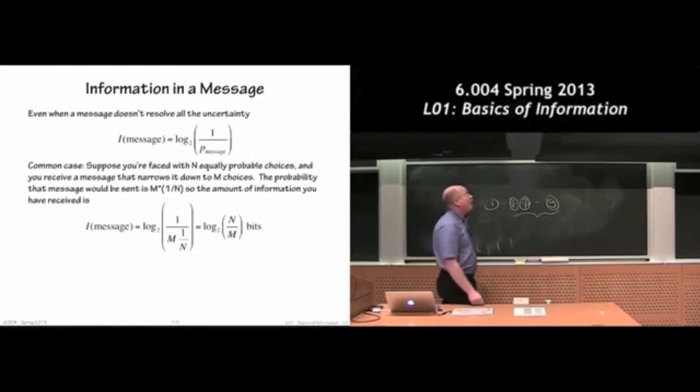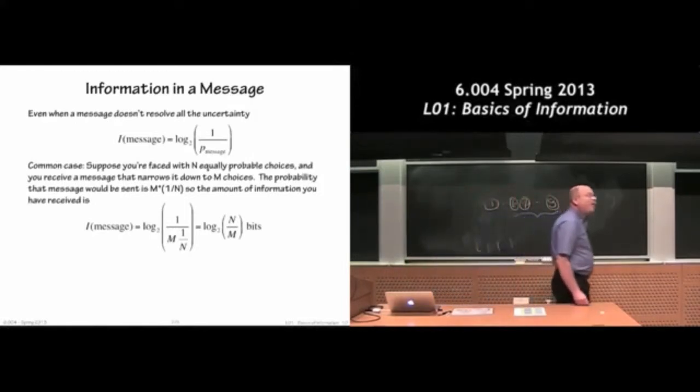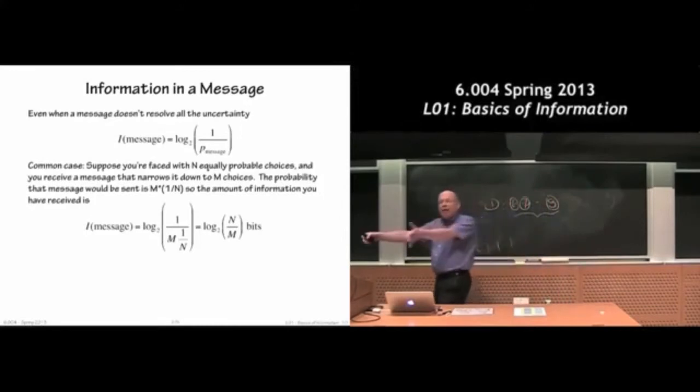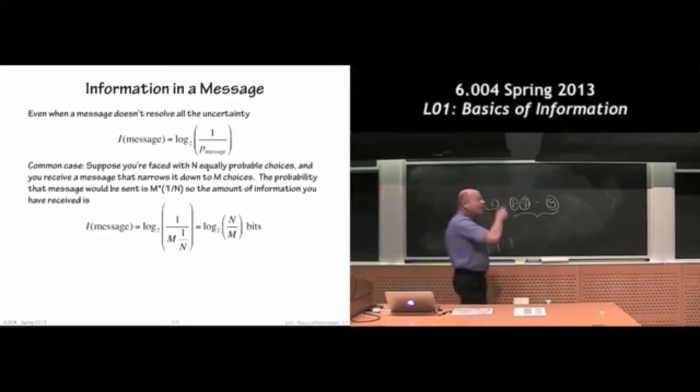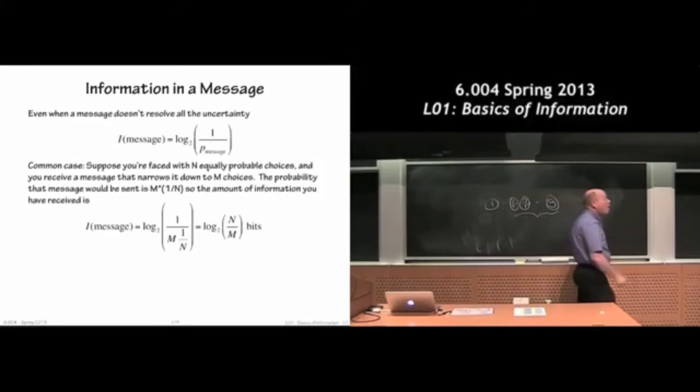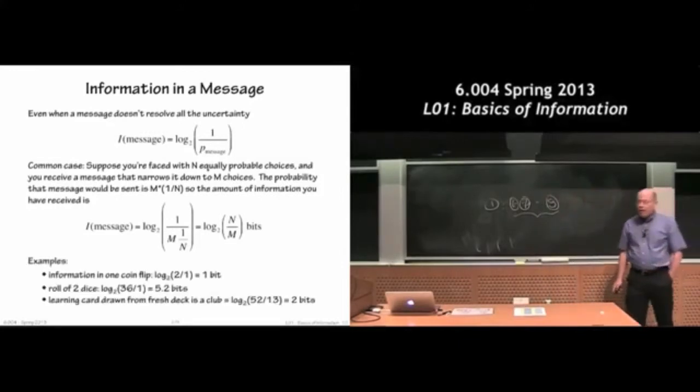So we can sort of generalize this. If you have n equally probable events to start with, and I send you a message that reduces that n down to a smaller number, m choices that are left, I can compute the amount of information I've given you as the log base 2 of n over m.